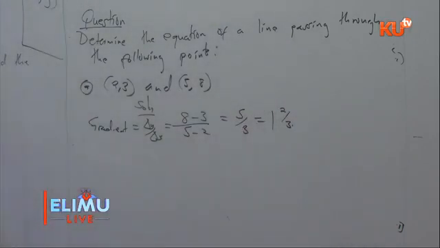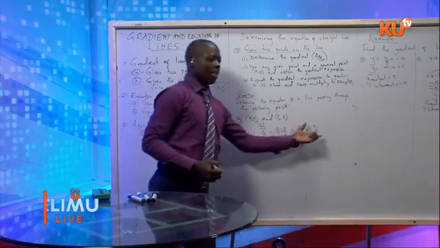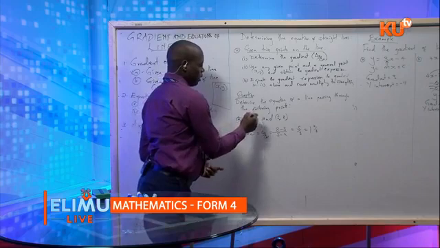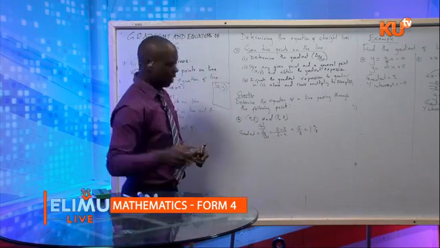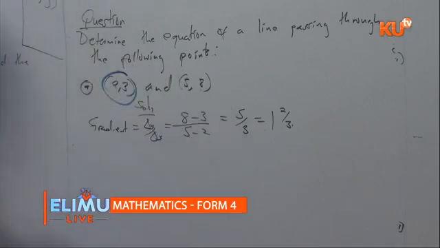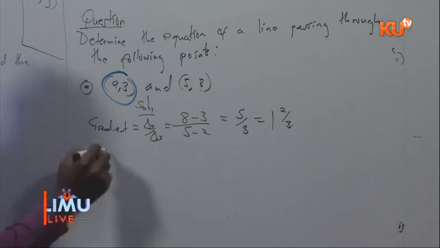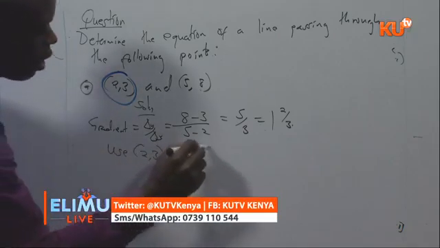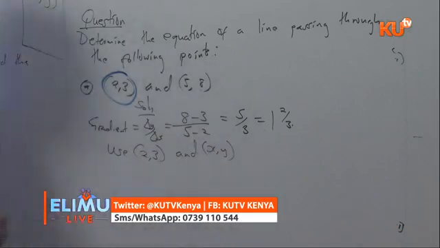Once we have the gradient, number 2, use any given point. You can decide to use either this point or this point, any of them. So we'll say we now use the point 2, 3 and a general point x, y, because the equation has to be in terms of x and y.